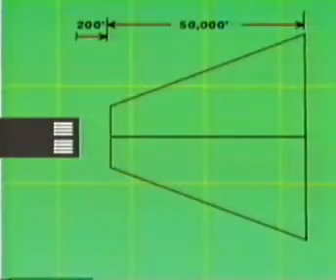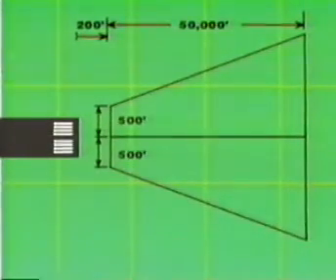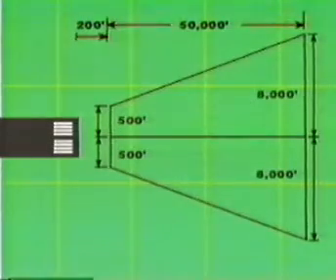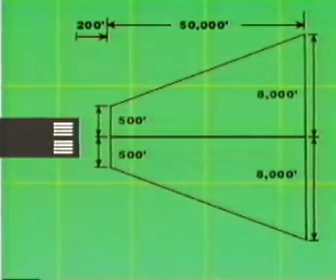Except where an offset localizer is used, the width of this segment is 500 feet on either side of the extended runway centerline, starting at the 200-foot point. It expands uniformly to 8,000 feet on either side at a point 50,200 feet from the threshold.